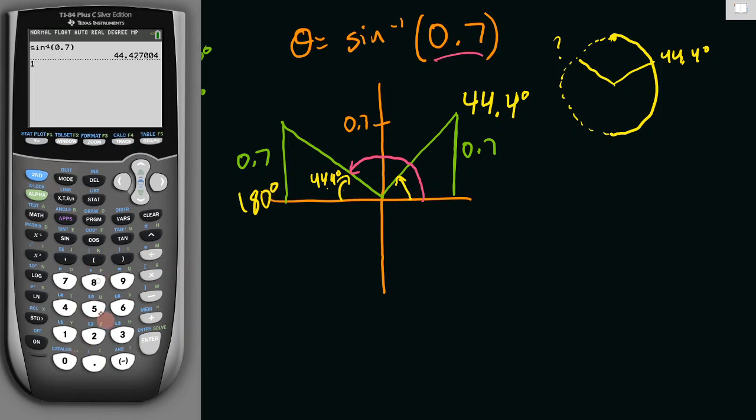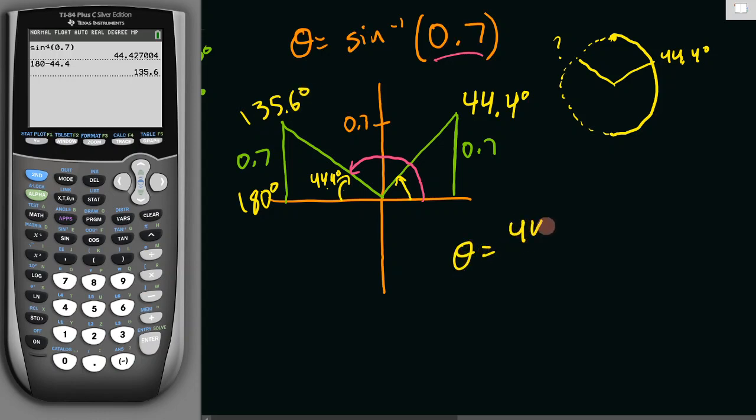So 180 minus 44.4 is 135.6. So theta equals 44.4 degrees or 135.6 degrees.